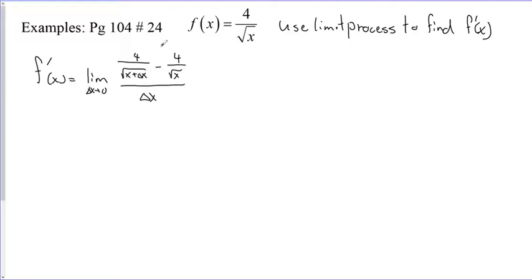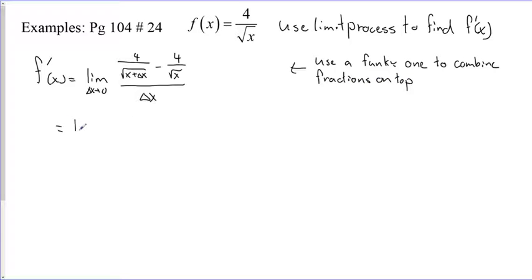So the first thing I want to do is combine the fractions on the top. So I have to use a funky one. And so that's going to look like this. It's going to look like the limit as delta x goes to 0 of, well, let's see here. I have to have a common denominator, so it's going to end up being square root of x times square root of x plus delta x.